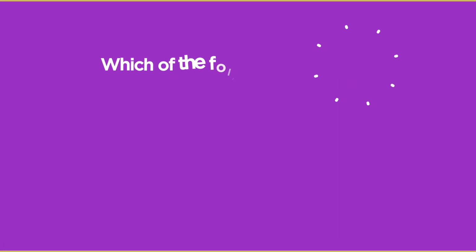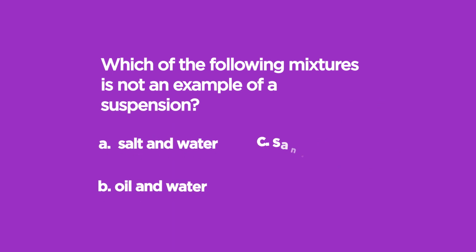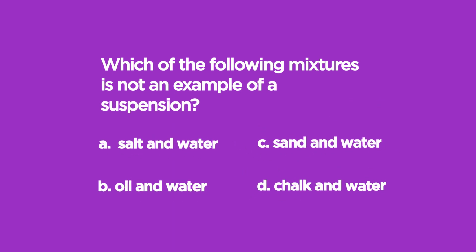Number 3. Which of the following mixtures is not an example of a suspension? A. Salt and water. B. Oil and water. C. Sand and water.